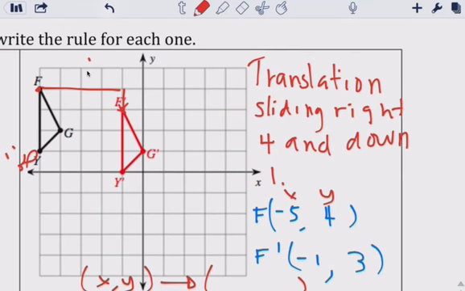Using this number 4, you have to add 4 to get -1. So X add 4. And then the Y's. See what's happening to the Y's. To get 3, you have to -1 to get 3. So Y -1. Okay? Makes sense because right is add, down is minus.